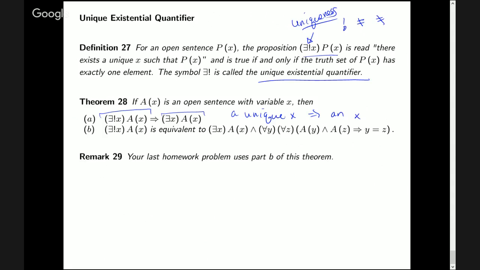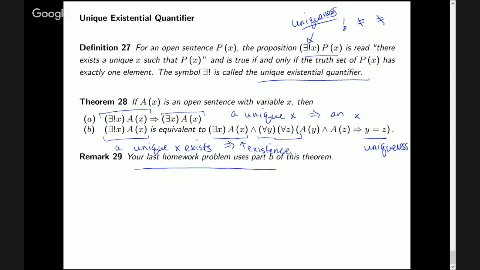The second one says a unique x exists implies that there exists an x so that A of x is true, and so this is existence, and for all y and z, y equals z. This is uniqueness.